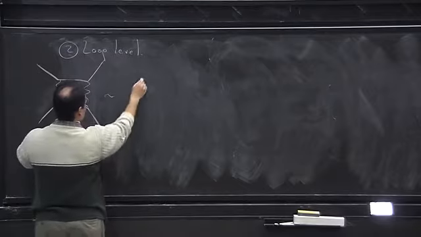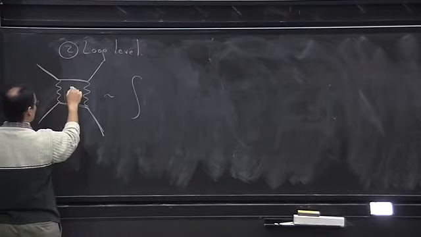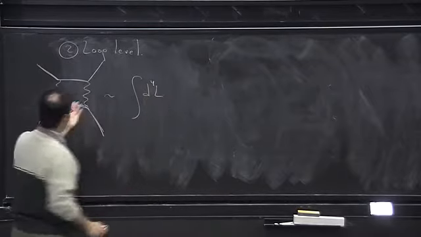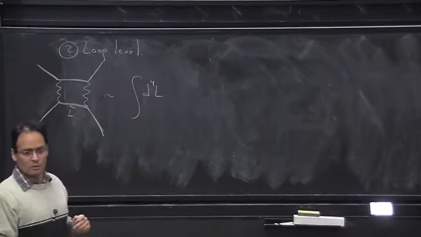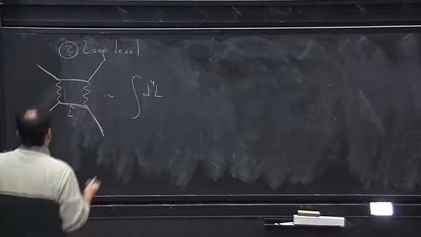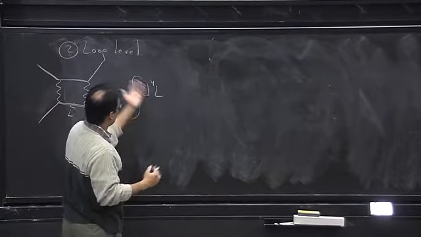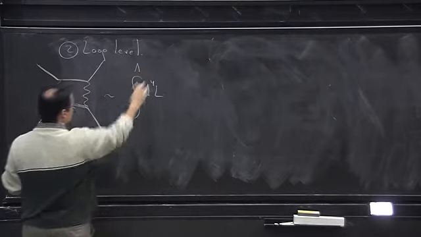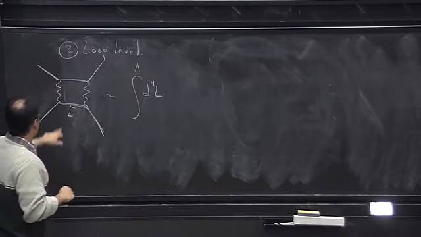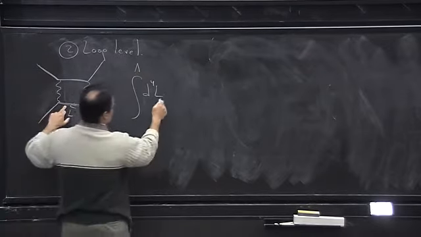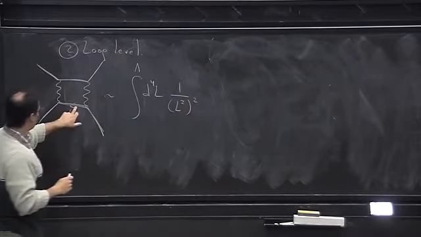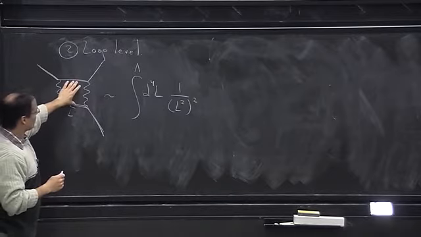So if we have a loop momentum L running here, what would be the behavior of this diagram? We'll have to compute it, but we're only interested in the UV behavior. We want to see how badly this thing behaves, okay? So we want to know what happens for large momentum. Well, we have these two propagators, right? So we have 1 over L squared, one from here and one from here, okay?